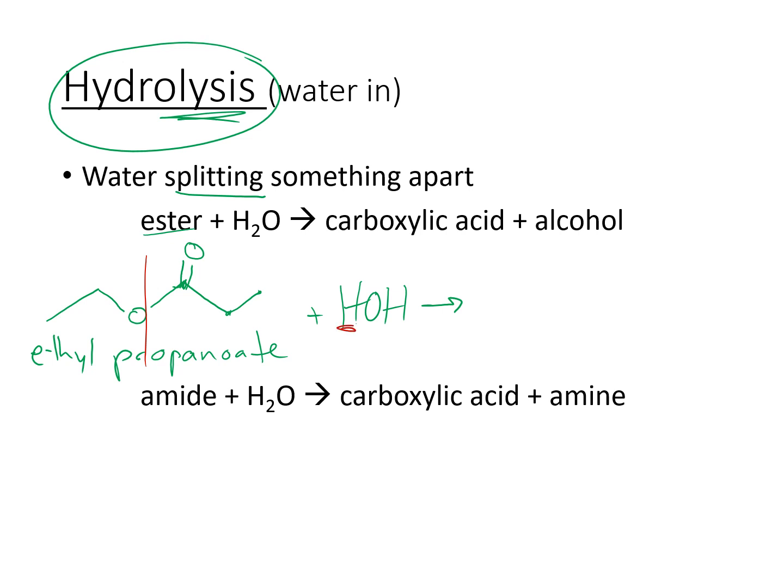And the hydrogen is going to go to the oxygen, and the alcohol group is going to go to this other carbon that is here. So we're essentially breaking this bond right here, and we're going to stick the hydrogen on one half and the alcohol group on the other.